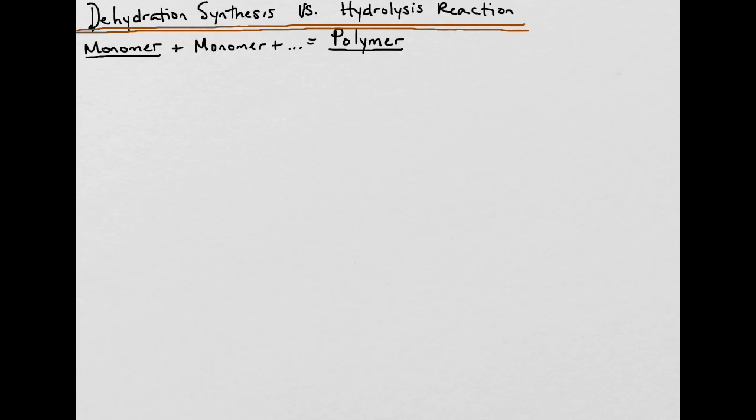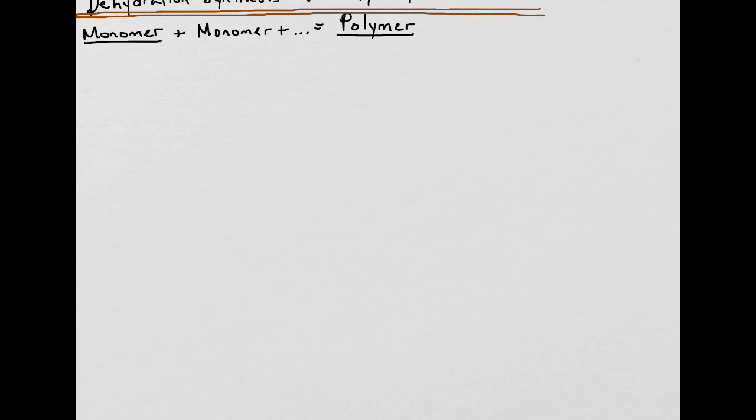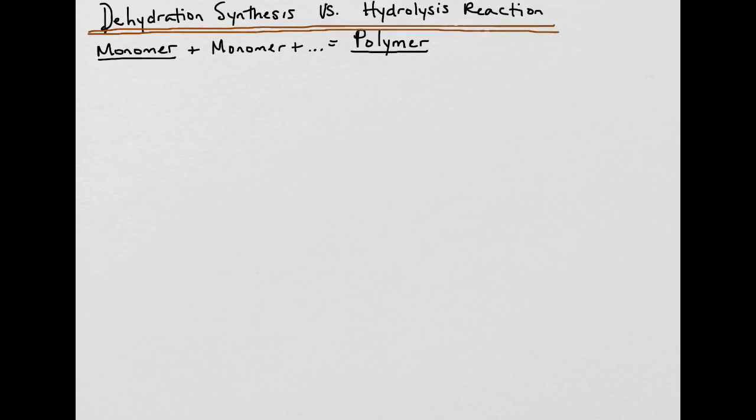So some examples of monomers are, if you're talking about carbohydrates, I'm just going to use the letter C for carbohydrates. For carbohydrates, glucose is an example.